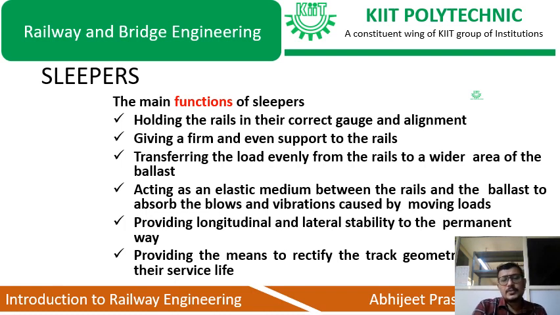It transfers the wheel loads to the ballast by giving an elastic medium in between, providing longitudinal and lateral stability to the permanent way, providing means to rectify the track geometry.